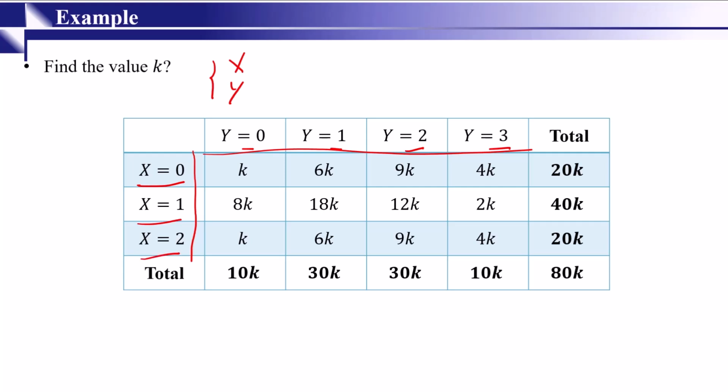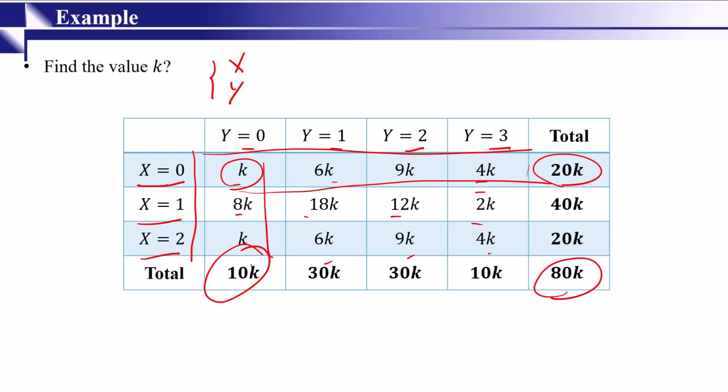So the rest of the table that you can see here, these are joint probabilities. It means the probability of x equal to 0 and y equal to 0 occurring at the same time is equal to k. The total probabilities here: the sum of each row is here, the sum of each column is here, and the sum of all is 80k, right?